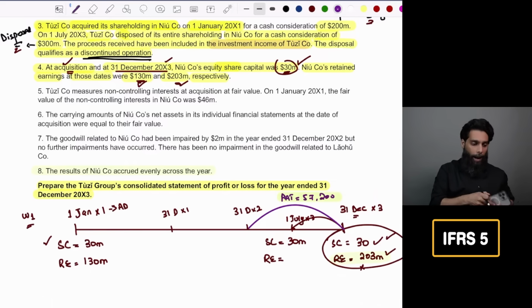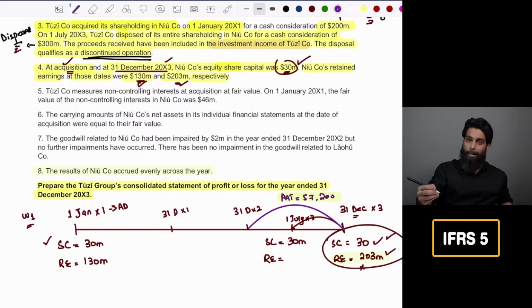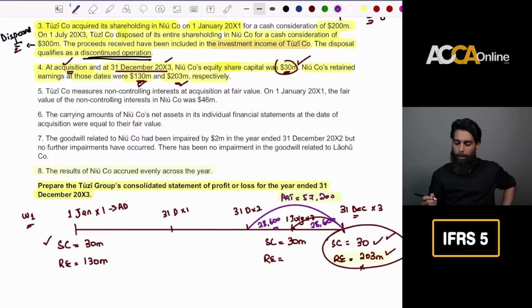And if you divide it by half, let me just pick up the calculator. 57,200 divided by 2. This means technically, if it accrued evenly throughout the year, 28,600 would have been earned in the first 6 months and 28,600 in the last 6 months.